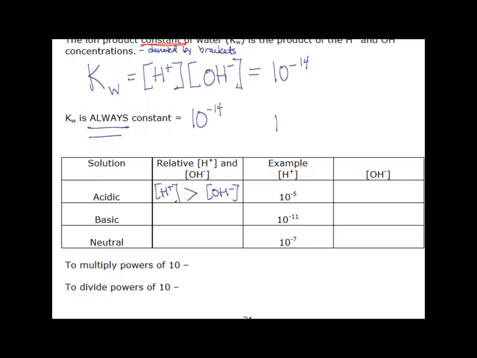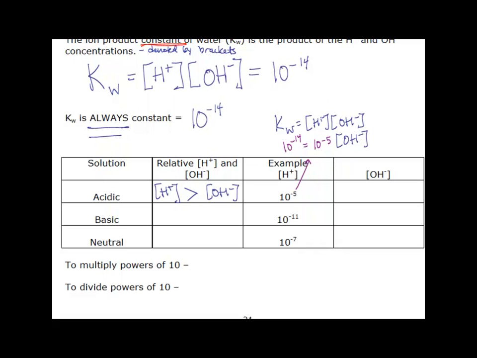Since we know Kw is always H plus times hydroxide, in this problem we're given 10 to the negative fifth for our hydrogen ion concentration. We know that Kw is always 10 to the negative 14th. Now we just have to solve for our hydroxide ion concentration.